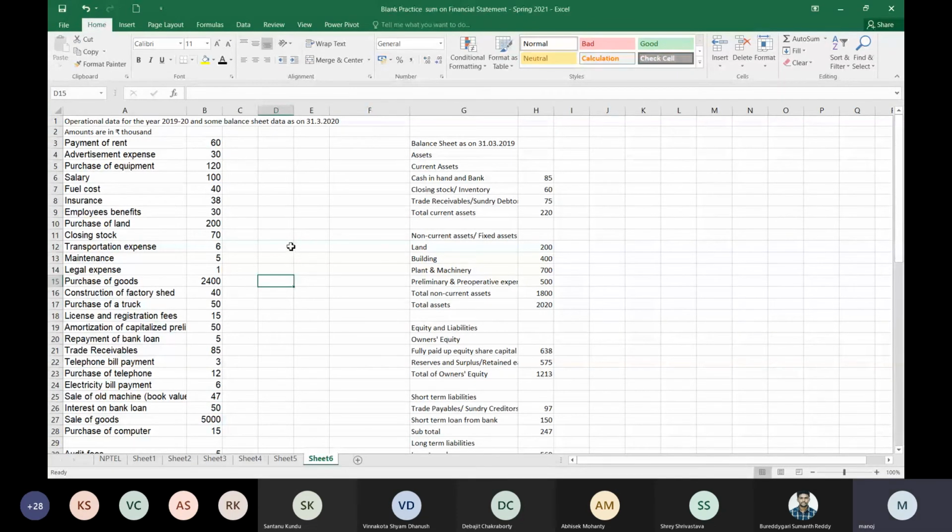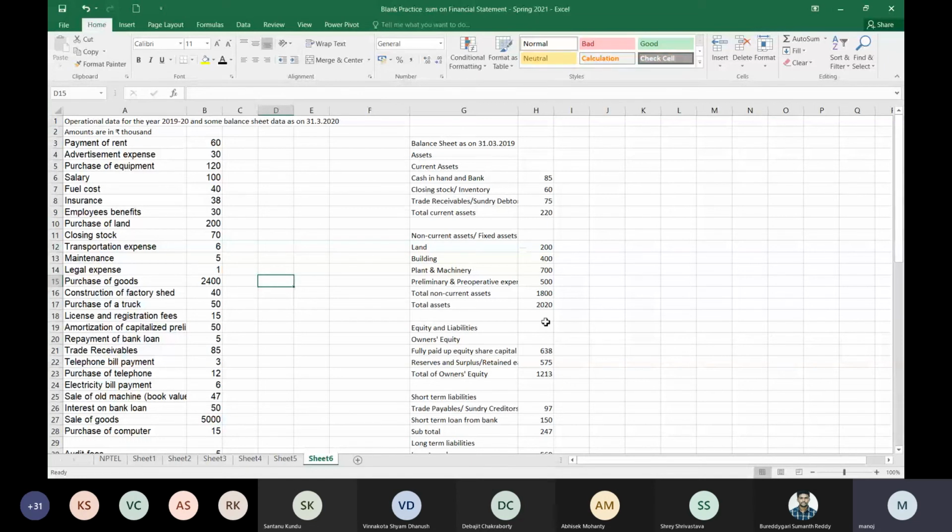As I mentioned, the first thing you start doing is estimate the gross profit, then estimate the depreciation. For estimating depreciation, you need to know what is the building, plant, machinery, equipment and all that which are already there. So you copy the data from there.